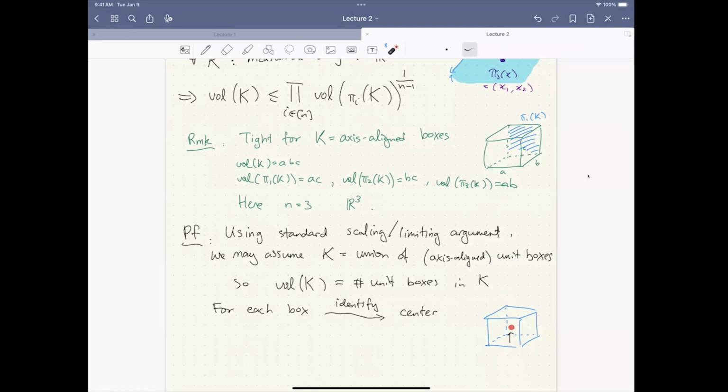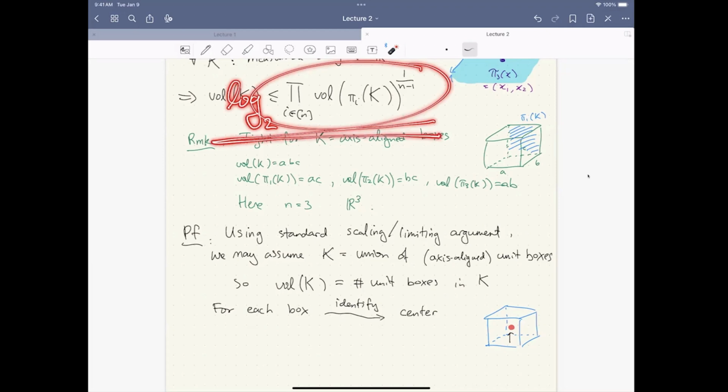If we uniformly randomly sample a box in K, the entropy of this random box will be the same as the log of the volume, the log of the number of unit boxes. That's how we associate it. So basically, we're going to randomly sample a box from K and give an upper bound on its entropy. And the upper bound will be the log base 2 of this guy. If you can prove that, we are done.